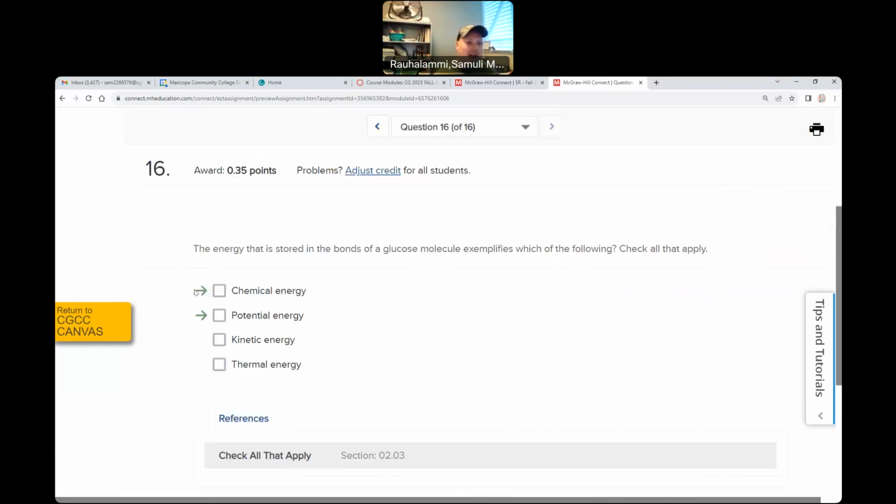The final question that I have for this quiz asks that the energy that is stored in the bonds of a glucose molecule exemplifies which of the following, and there are multiple correct answers. So these bonds within the larger glucose molecule really hold chemical energy.